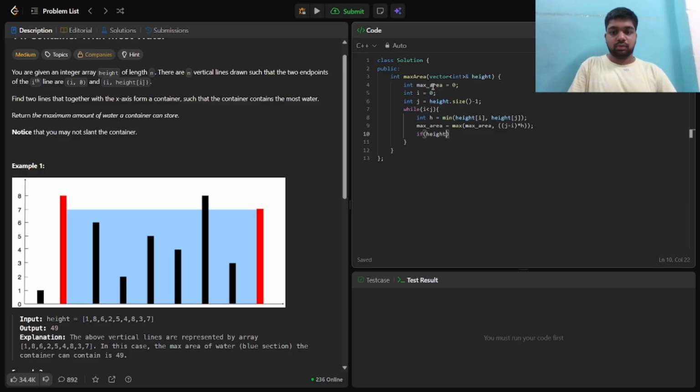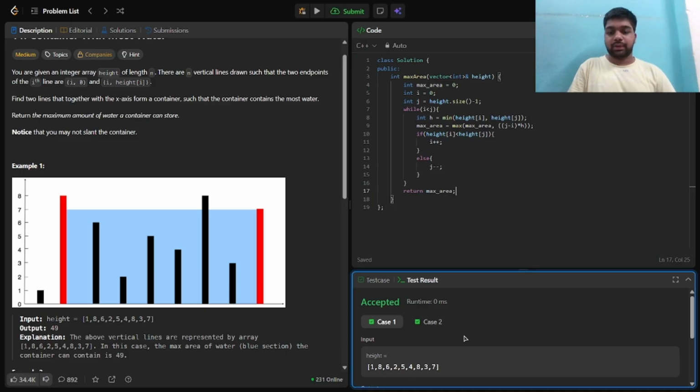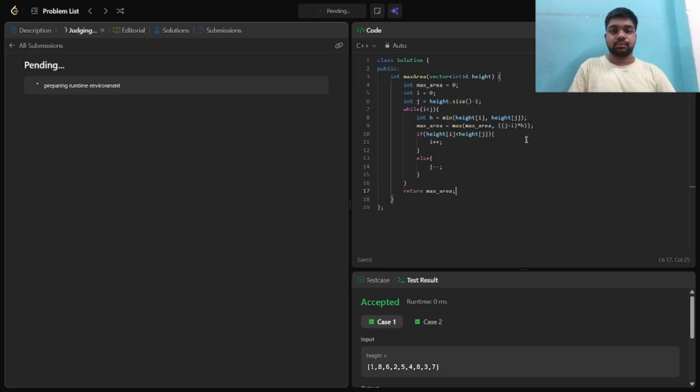If the height of j is higher, we will increase i, or else we will decrease j. Now let's return the answer. As you can see, we passed both the test cases. Now let's submit the answer.